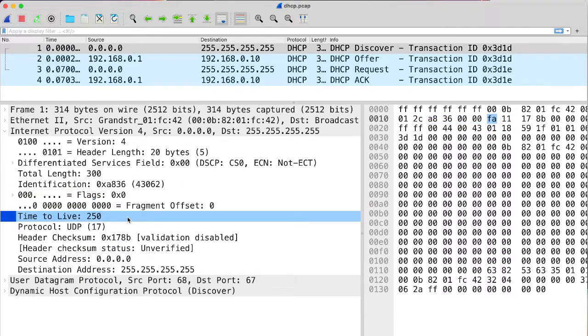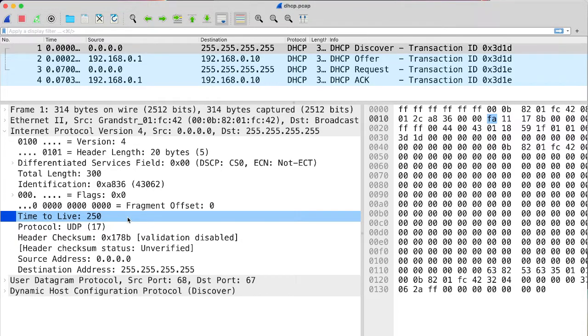We talk about time to live. It is the limit on how many hops you can make to the next routers when you route your packet from the source IP address to the destination IP address. For some operating systems it could be 256, 128, or 64.